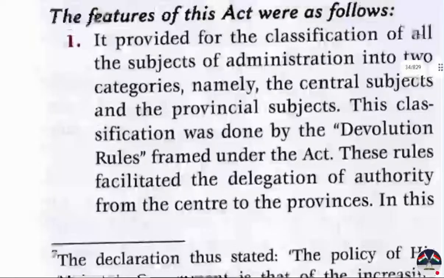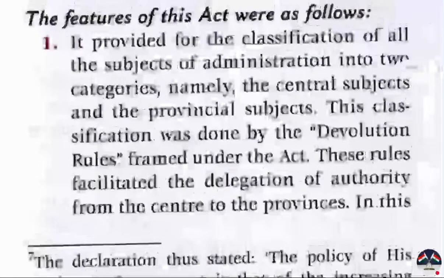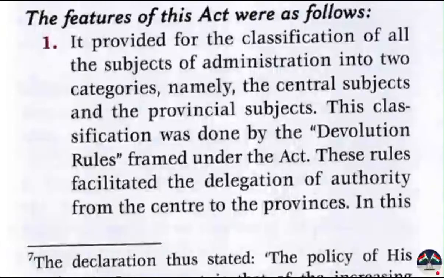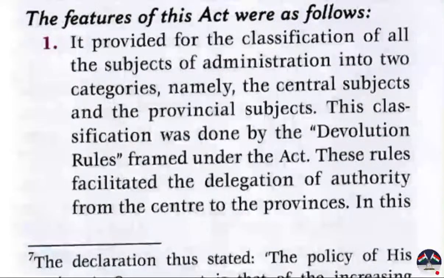The features of this Act of 1919 were: it provided for the unification of all subjects of administration into two categories, namely the central subjects and the provincial subjects. This classification was done by the devolution rules framed under the Act. These rules facilitated the delegation of authority from the center to the provinces.